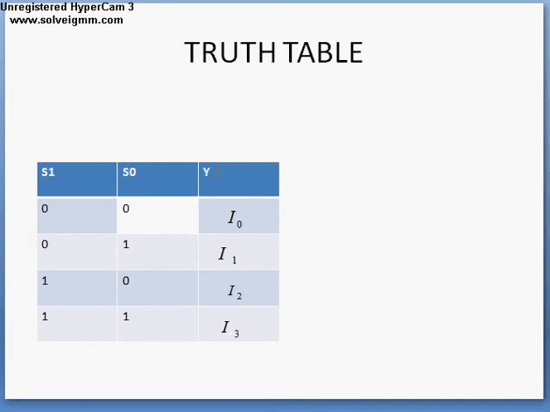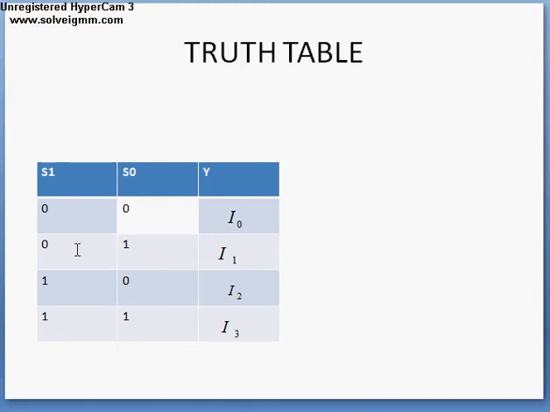Now on the basis of this truth table, you can easily calculate the equation for the output y. When there is 0, you represent it by a bar for complement. When there is 1, you represent it by a simple variable. For example, take the first combination, when both S1 and S0 are equal to 0. Here you represent it by S1 bar, S0 bar into I0.